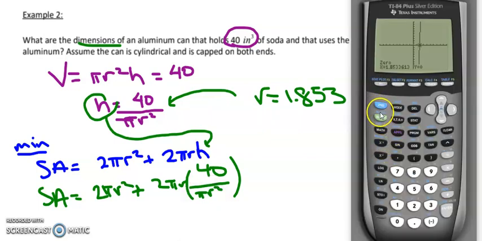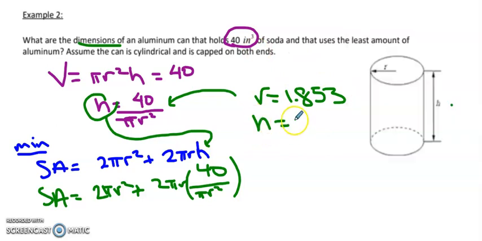So in order to plug in, I can just come back to my home screen by hitting second mode, second quit, and I could do 40 divided by pi, and make sure you put this denominator in parentheses, so pi times 1.853 squared. And close parentheses, and we will get 3.708 is the height. And that's how you use the calculator to help you with this problem.